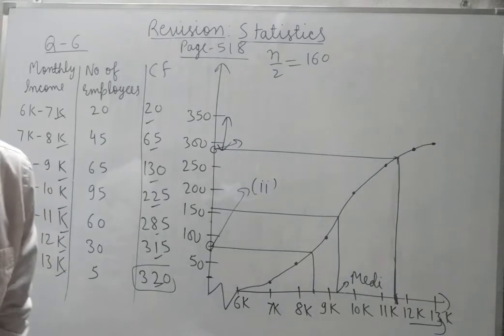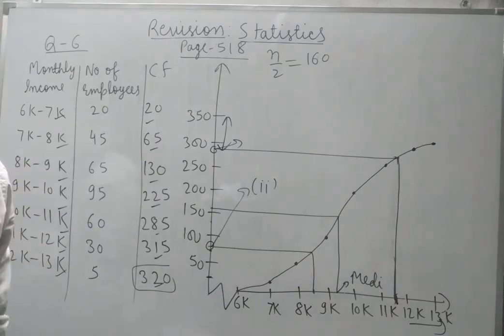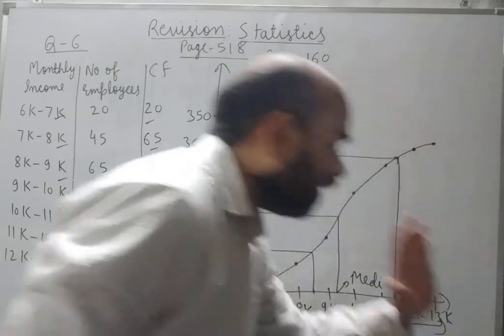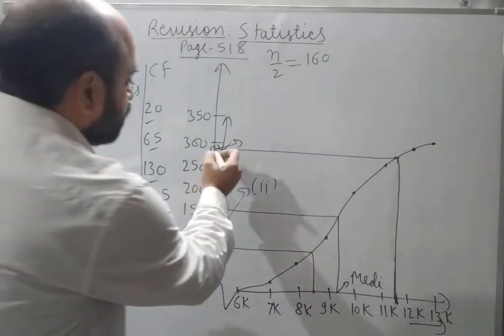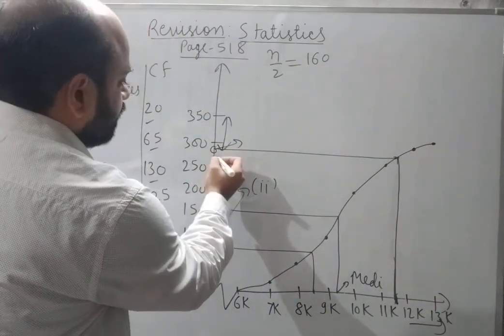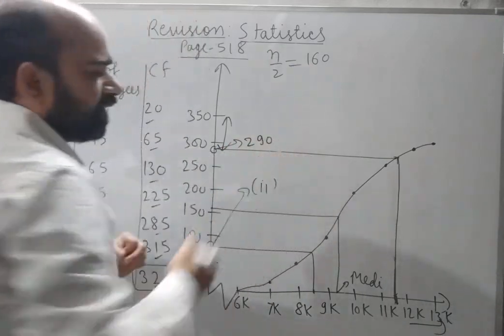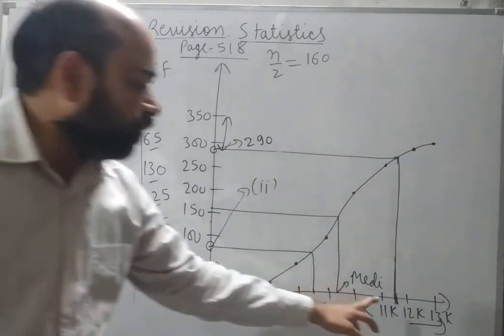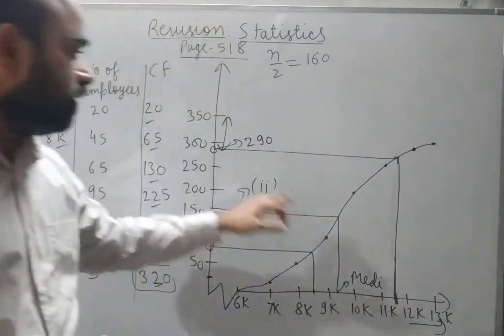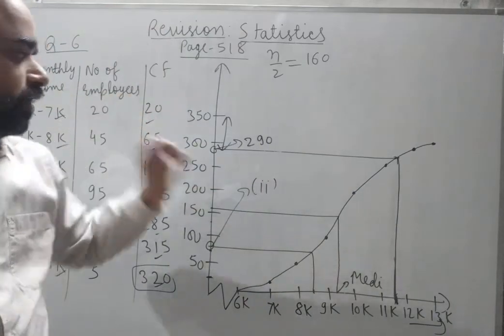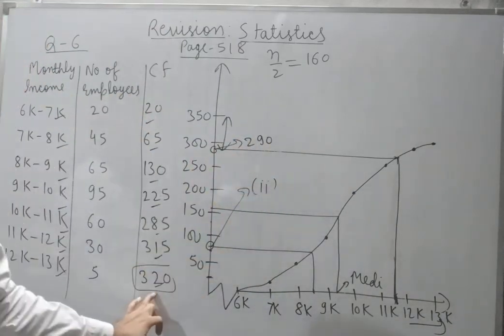The salary of a senior employee is above rupees 11,500, so we want the employees getting greater than 11,500. Suppose this value is 290 or 295, whatever. So the employees getting 11,500 are 290, but we want greater than this.